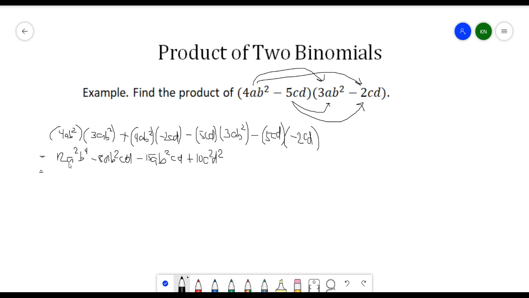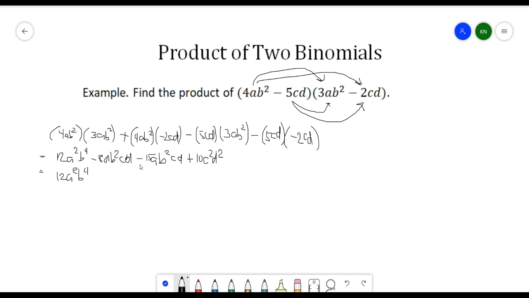So for this case, since this has no similar variables with the other terms, we'll just copy that one. So we have 12a squared b to the fourth. And for this one, as you can see, they have the same terms. So negative 8 minus 15, we'll just combine this one since they have like terms.